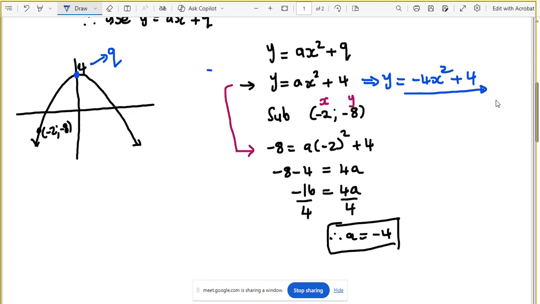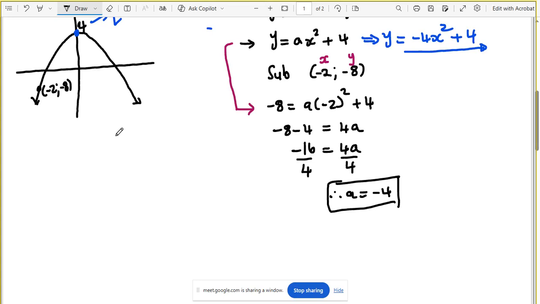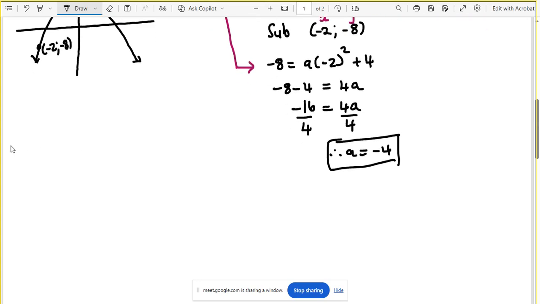This is what we talked about on the previous lesson. This is just a quick revision on what we did here last time. So the second one, we said you might be given the roots, which is the x-intercepts, and another point.